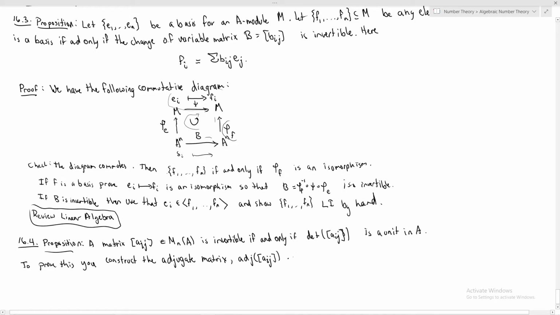The important property this thing satisfies: when I multiply a matrix by the adjugate, I get the determinant.